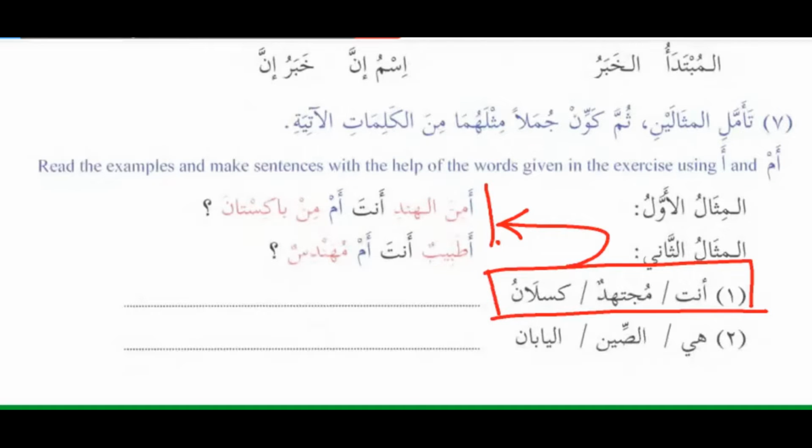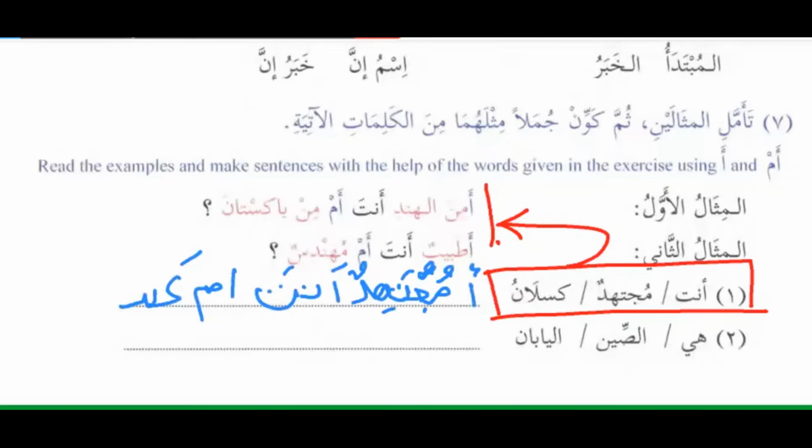Yes. Excellent. A mujtahidun anta am kaslanu. So here we will not say anta mujtahid, we will say amujtahidun anta, because we want to know.